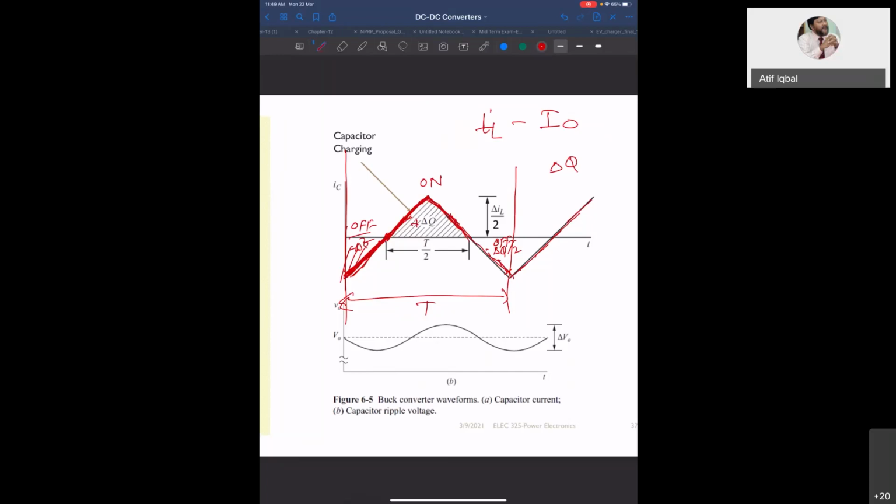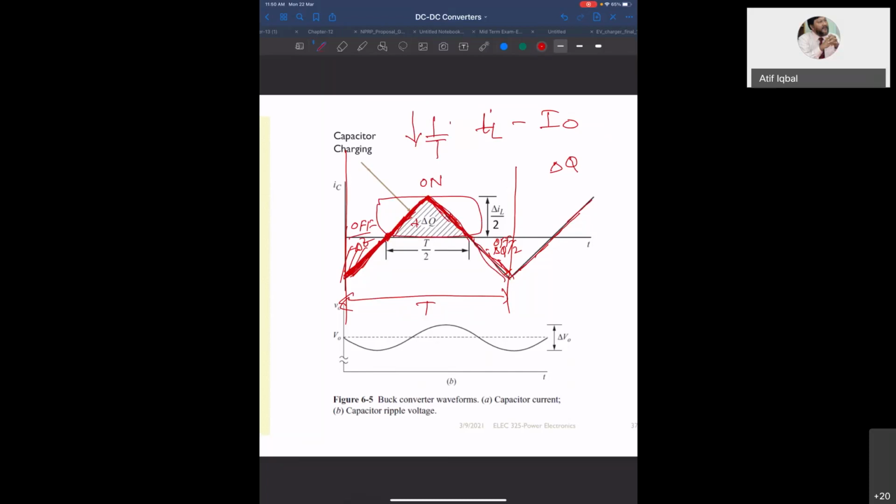So here you see current is rising and then falling, but from here to here current is positive. Here current is negative. When current is positive, current is coming to the capacitor and the capacitor is getting charged.